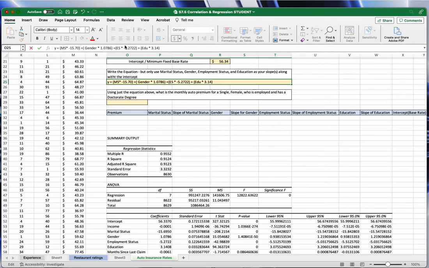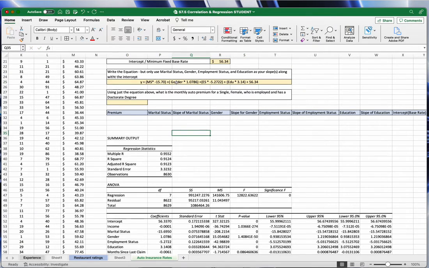I didn't design it that way, that's just interesting, it became pi. And then we add that to our base rate of $56.34.